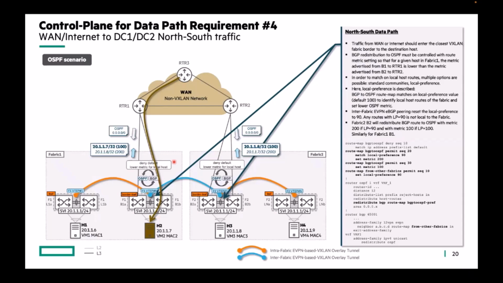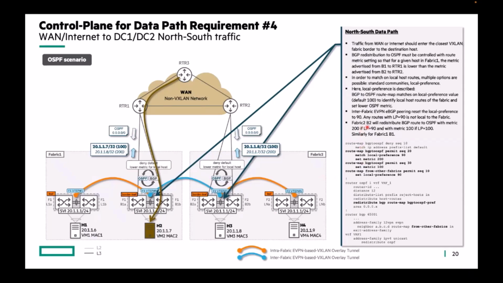Inter-fabric EVPN eBGP peering resets the local preference to 90. So we change the routes coming from other fabrics, assign them local preference 90, and set a higher metric, which would be our backup path.